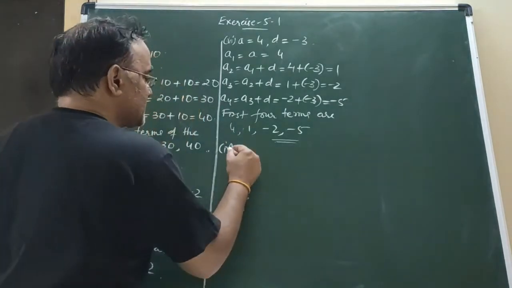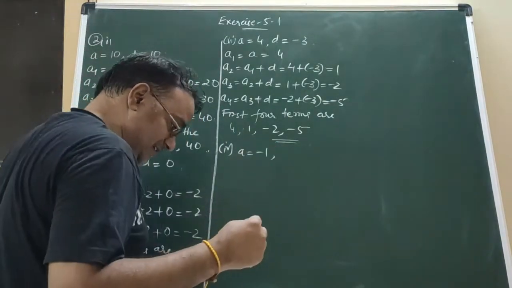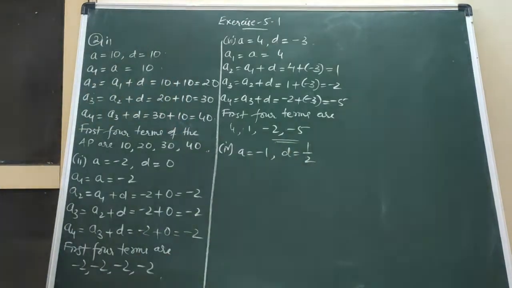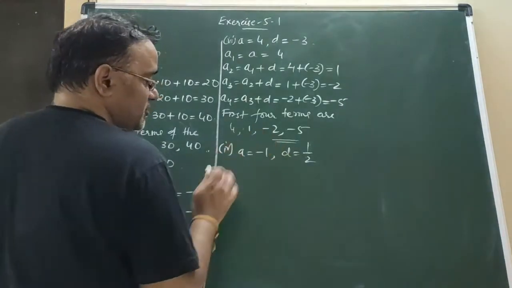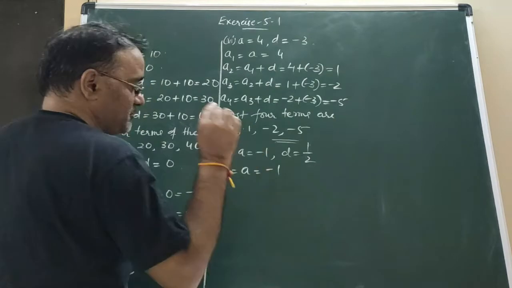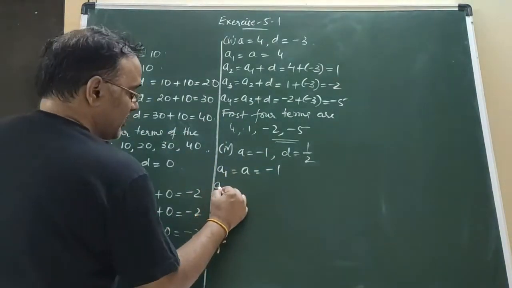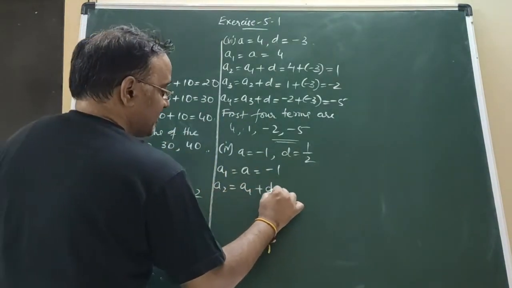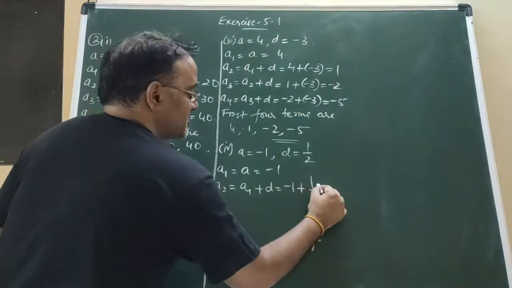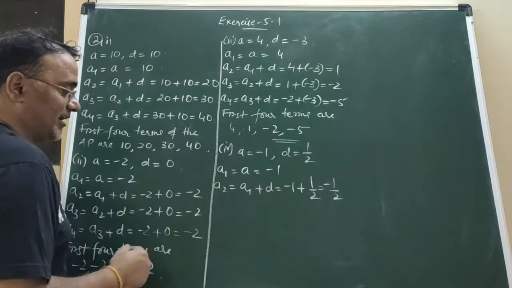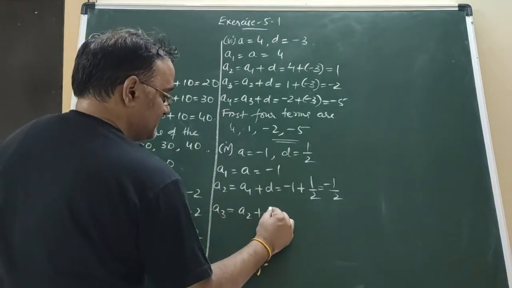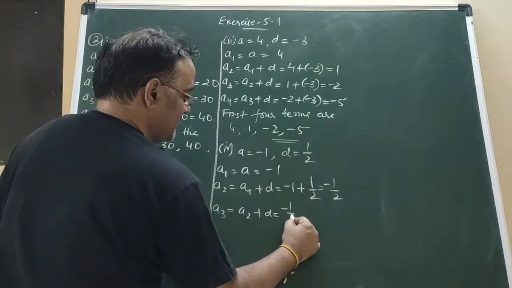Fourth bit is A is equals to -1 and D is equals to 1/2. Right? So यहाँ पे जो D है जो फ्रैक्शन में है, so first of all, A1 is A itself, that is -1. A2 क्या होगा? A1 plus D. So -1 plus half. This is equals to -half, right? And A3 is A2 plus D. What is A2? -half.